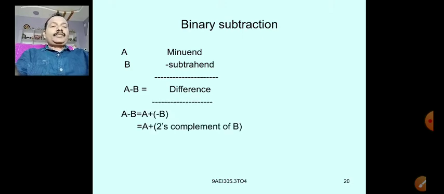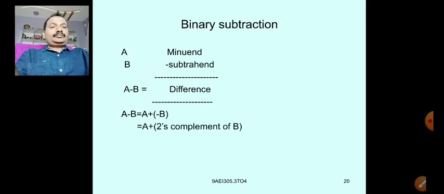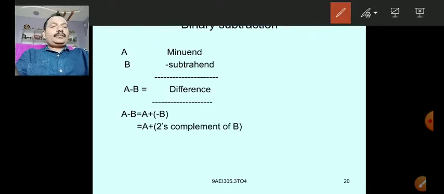Now you can write a minus b by putting it in brackets as a plus (minus b). You can write a minus b like this.